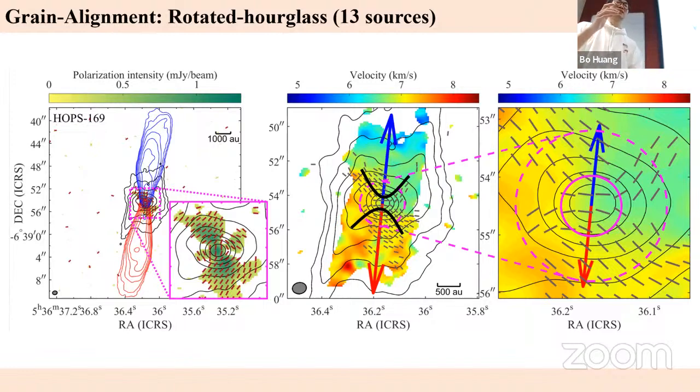In some cases we also see the field affected by a streamer, like an accretion streamer or the outflow cavity wall. We don't know because we don't have enough angular resolution to tell.